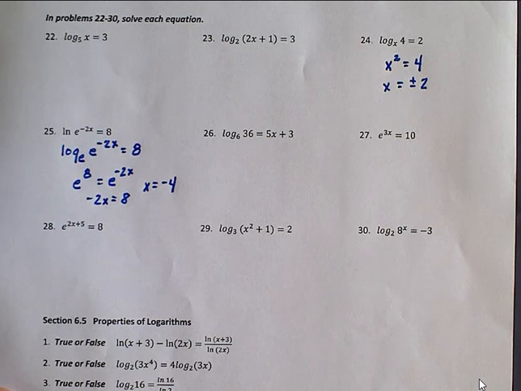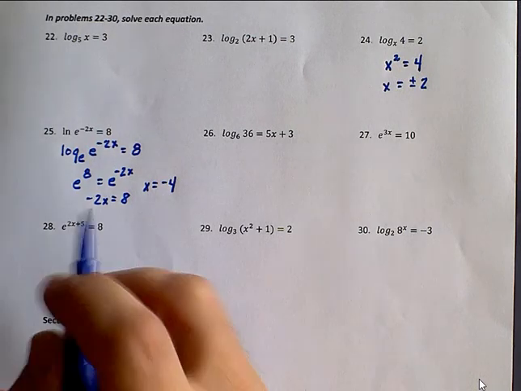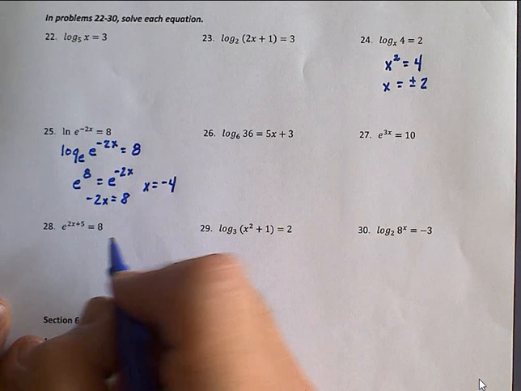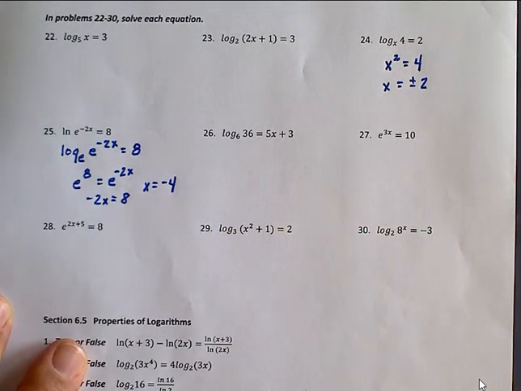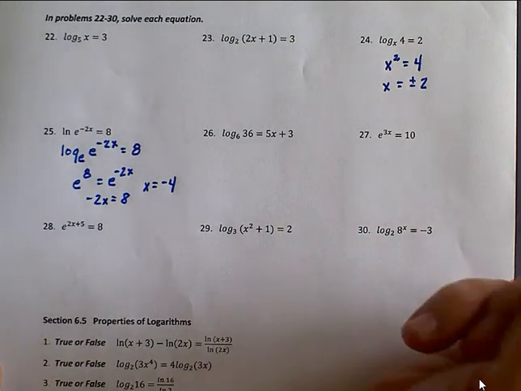28. 27 and 28 both have base e. So this is actually going to have to bring in the other rule.